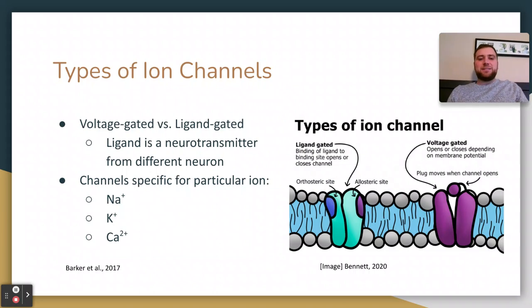Understanding when and why each channel would be open really helps us see what the neuron is doing at that particular time. If our sodium channels are open, that's going to be at a different part in the communication compared to our potassium or calcium channels. So understanding when each ion channel is open will allow us to better understand how neurons actually use them to communicate.